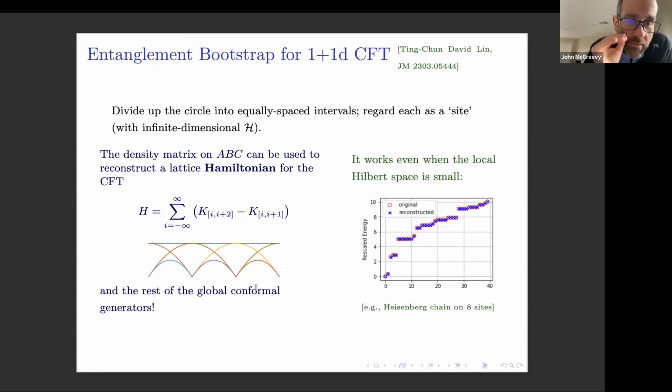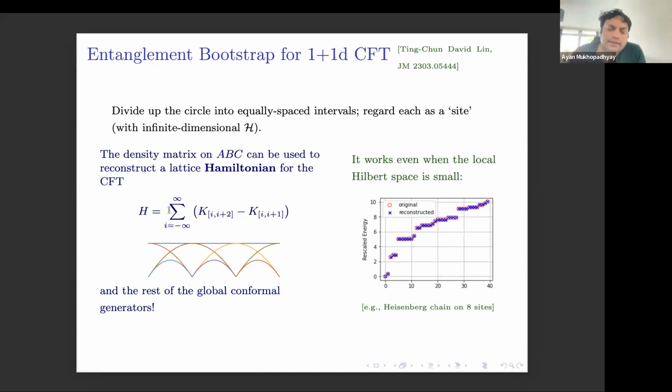By the state-operator correspondence, the states correspond to primary scaling operators, and you'd like the energy eigenvalue of the state with dimension delta to be 2 pi delta over L, where L is the radius of the circle. There's actually a prefactor that I didn't put, but which we can figure out, which makes it so that the multiplicative normalization is correct.